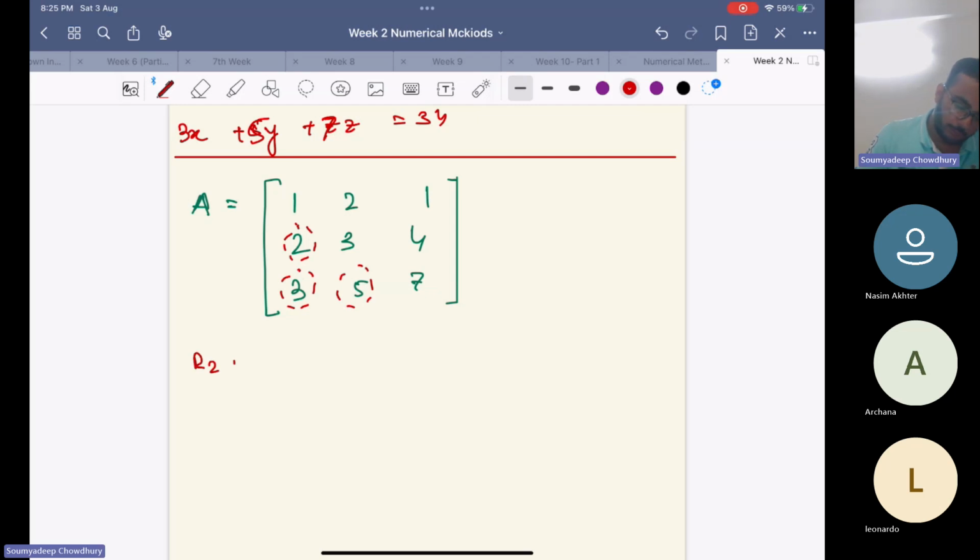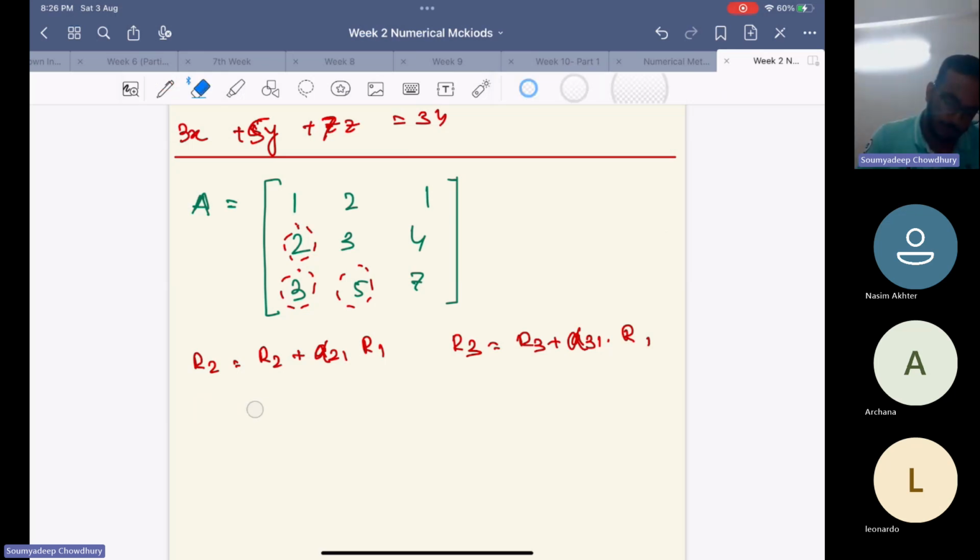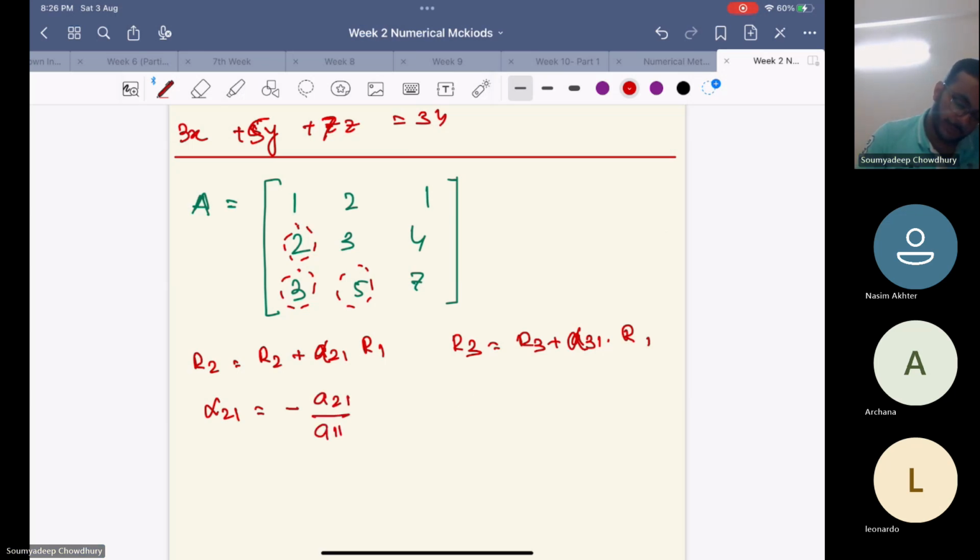So the first step is R2 we will replace by R2 plus alpha21 R1 and R3 equal to R3 plus alpha31 R1. It is better to represent these coefficients by alpha, where alpha21 equals minus A21 by A11 and alpha31 equals minus A31 by A11. So we get minus 2 and minus 3.